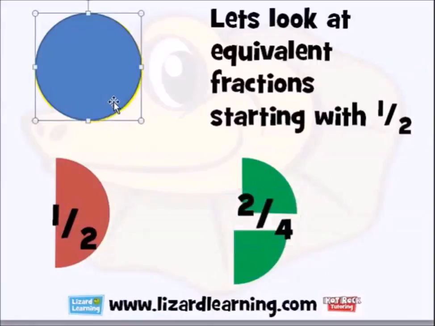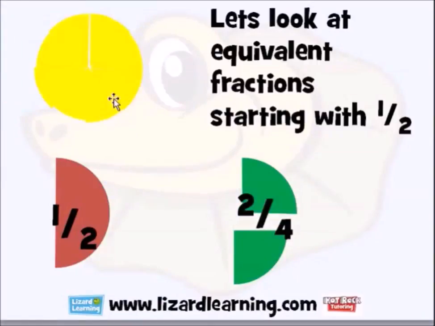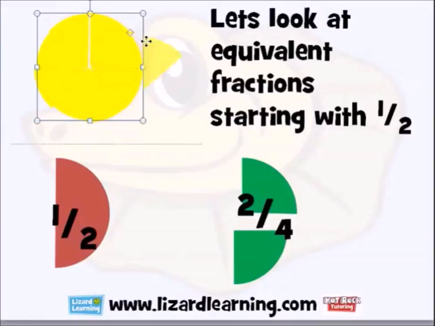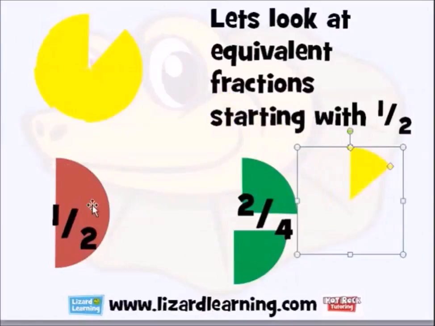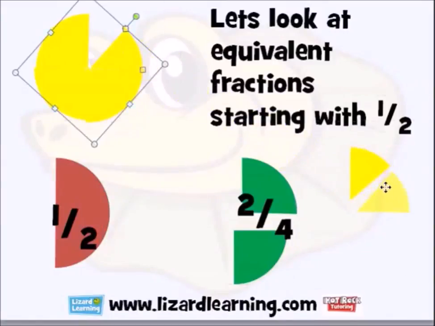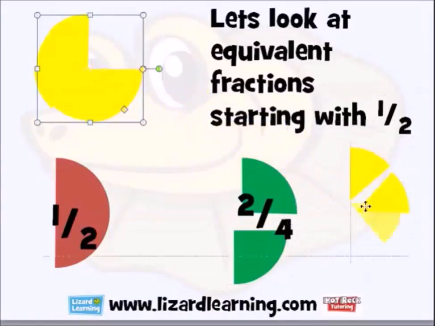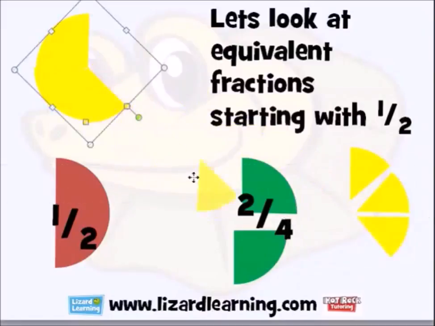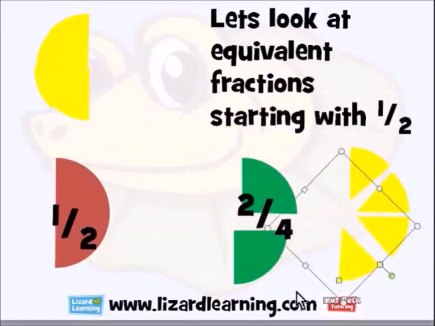Now, if I divide this up into, let's say, 8ths, I'm only going to take half. Remember, we started with the half. I'm only taking half of it, but I divided the whole circle up into 8 bits.